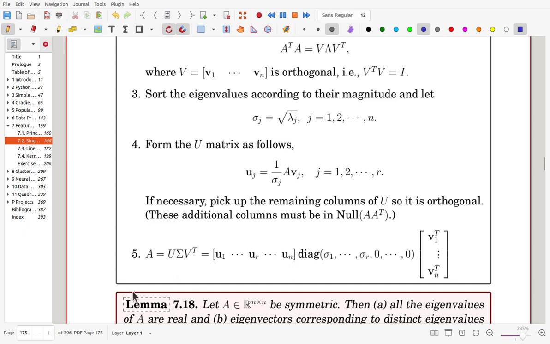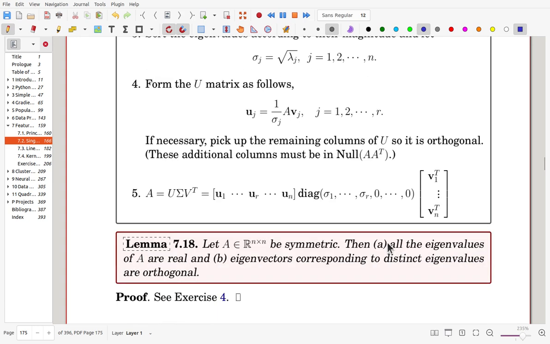The full SVD is given in this way, from u1 to ur and up to um. In the diagonal there is a sigma matrix, sigma 1 to sigma r. Assume right now there's a rank r, and these are V transpose. So we're done.